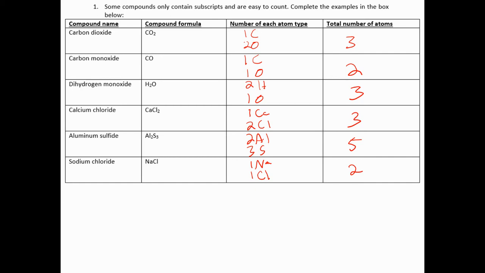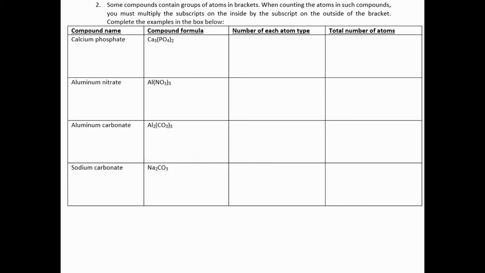Next, we're going to go and try counting, but this time we're going to take a look at compounds that have brackets this time. So sometimes you'll have a compound with a bracket, and the subscript is outside the bracket. So what you need to do is multiply everything on the inside of the bracket by the subscript.